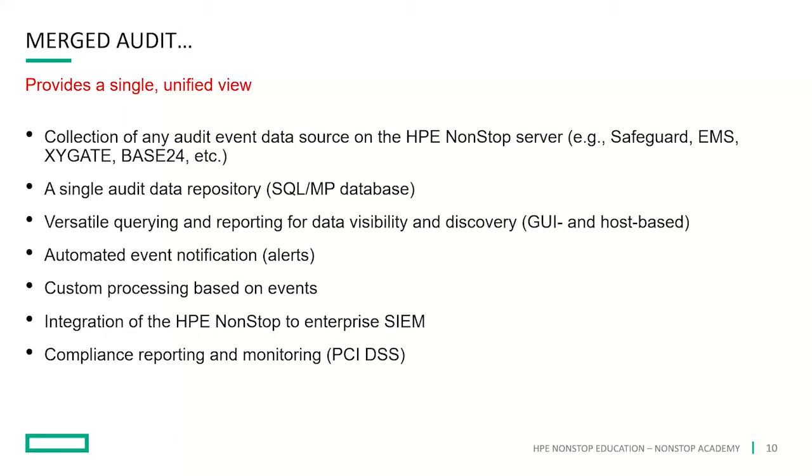If someone froze their user ID in Safeguard, we can trigger on that. If you had a SQL/MX query that was running through JDBC and it had a cost that exceeded 1 million points, we can alert on that. If we can consume it, we can audit on it and alert on it. Once again, I'll get into more detail.